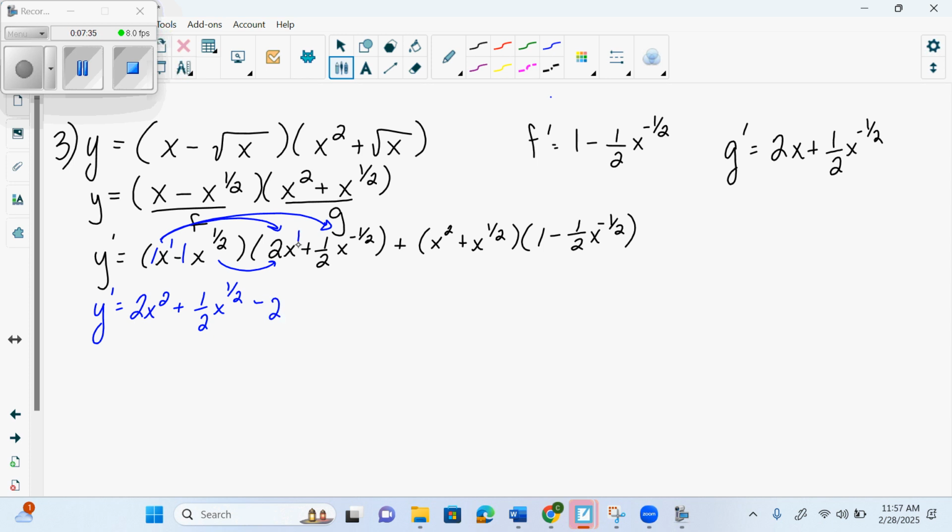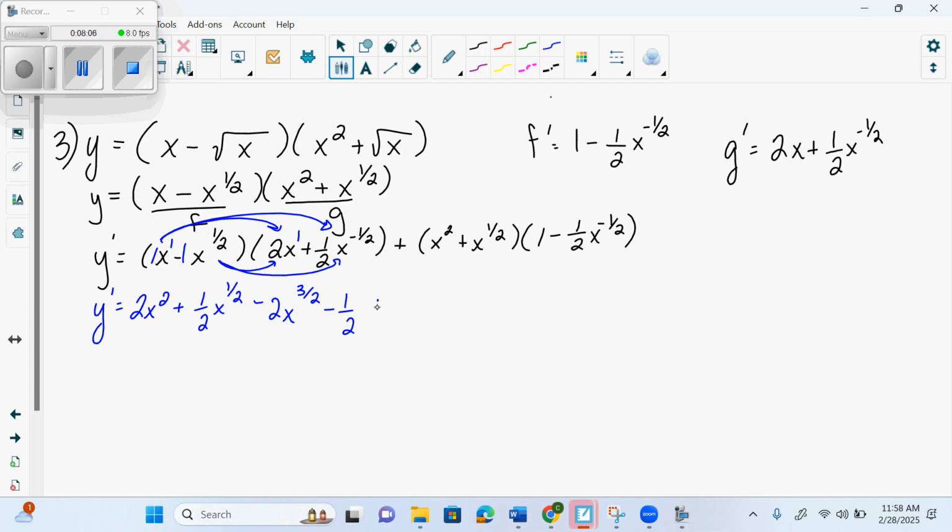What's 1 plus a half? 3 halves. And then our last one is negative 1 x to the half times a half x to the negative a half. Negative 1 times a half is negative a half. What's x to the half times x to the negative a half? What's a half plus negative a half? 0. So that'd be x to the 0. Do I need to write that? x to the 0 is just a 1, so it goes away.